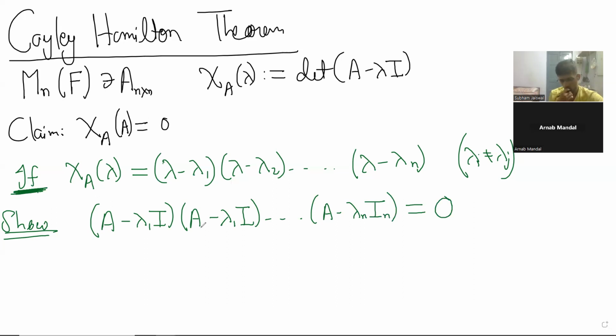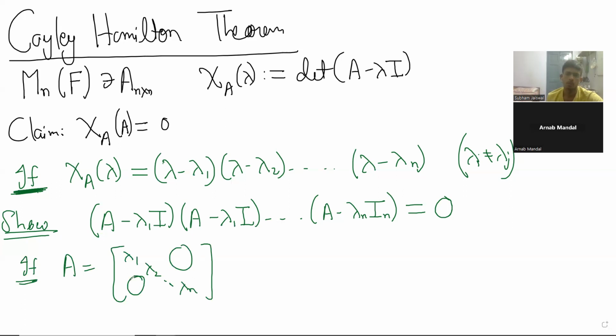Now imagine that, as a further assumption, A was a diagonal matrix. Then you can see that this is true, right? If A is a diagonal matrix, then the left-hand side just above, what does it become equal to?